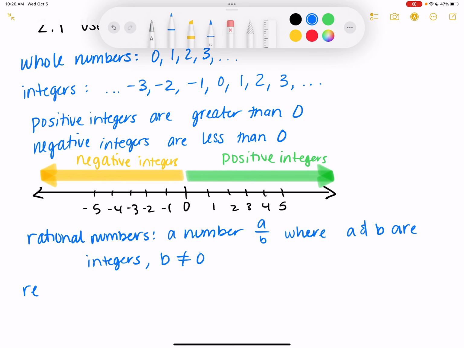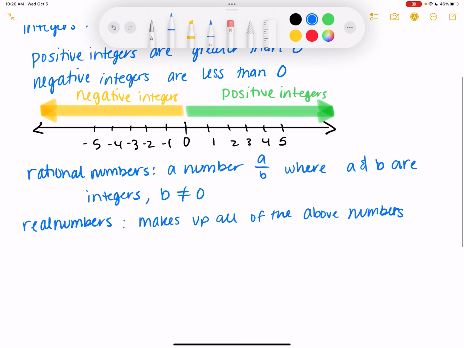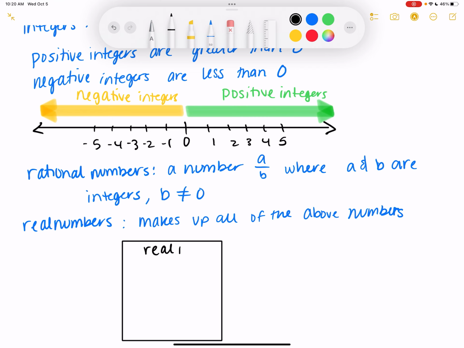And ultimately we have real numbers, which make up all of these types of numbers listed above. Or maybe I said that backwards, but to give you kind of a visual of this, we've got real numbers.